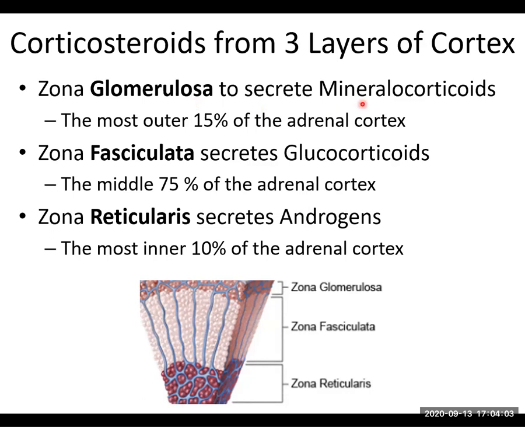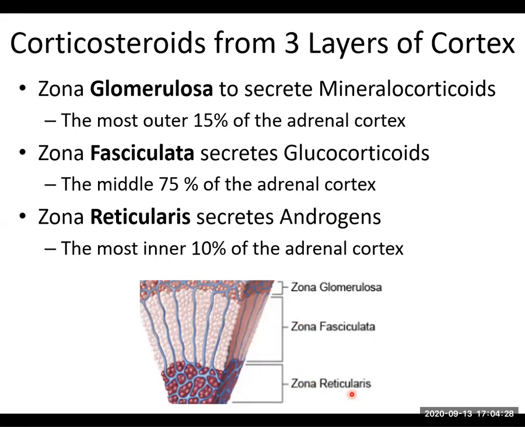They are the mineralocorticoids. 75% of this cortex produces the glucocorticoids, and they are produced from the fasciculata. And androgens, about 10% of the entire hormone output, are produced from the reticularis.